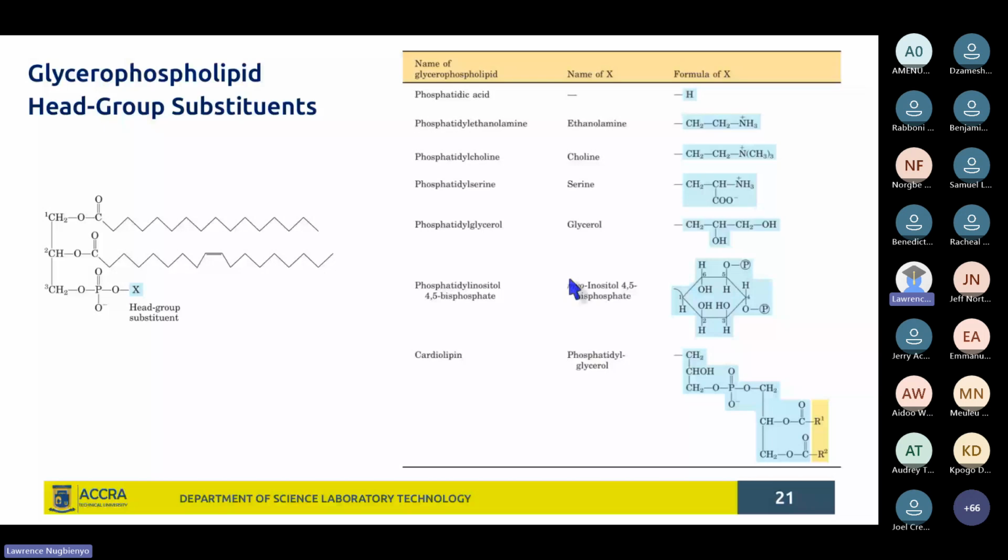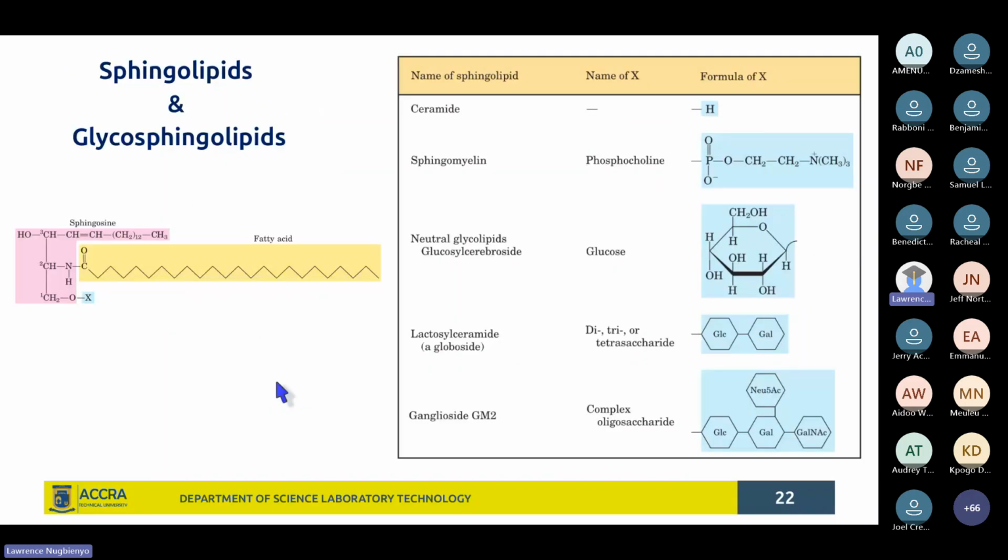You find these things in different cells, which will be carrying different functions in the cell membrane. We'll see more of this maybe for cell recognition and different things.